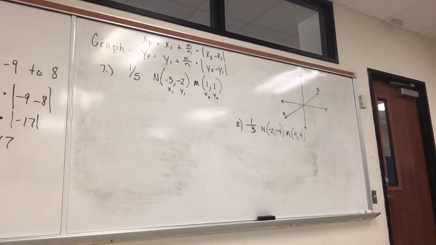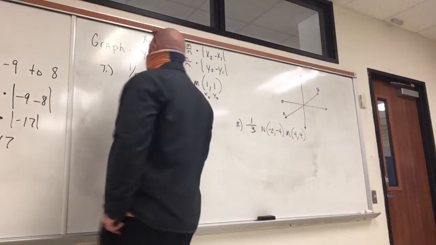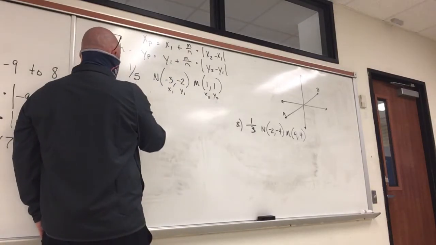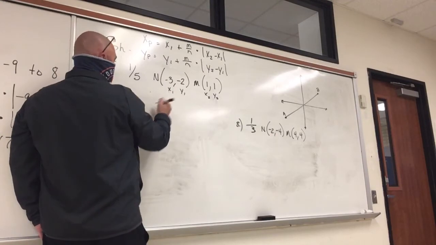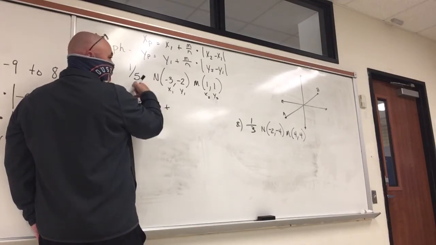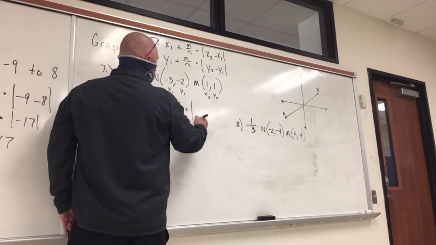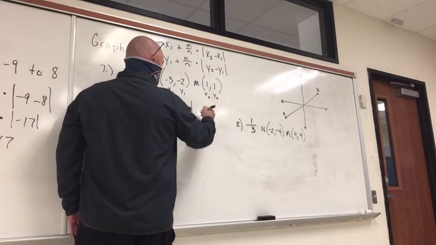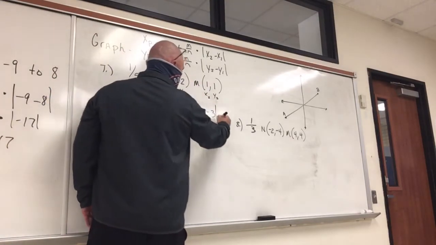Alright? Here we go. So I'm gonna find the X coordinate first. So XP is equal to, what's X1? Negative 3 plus the fractional distance, which is 1/5 times absolute value of X2, 1 minus negative 3.